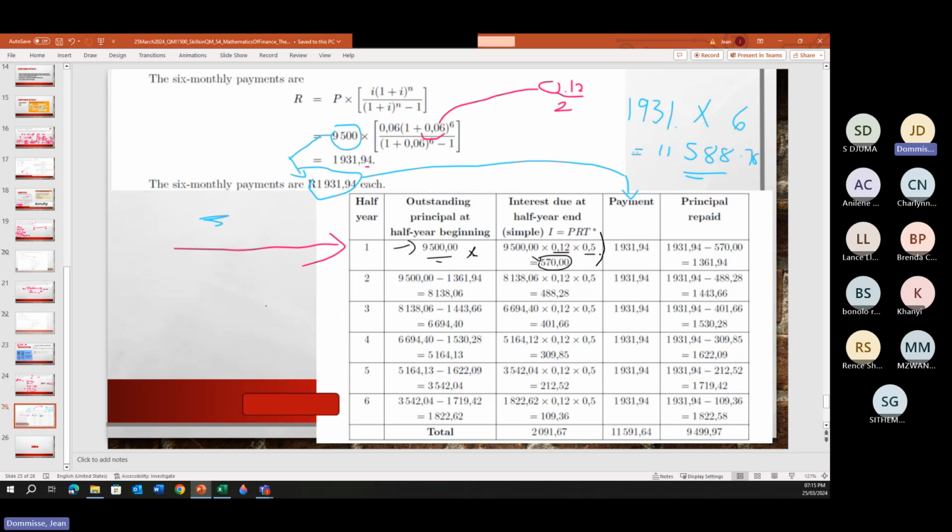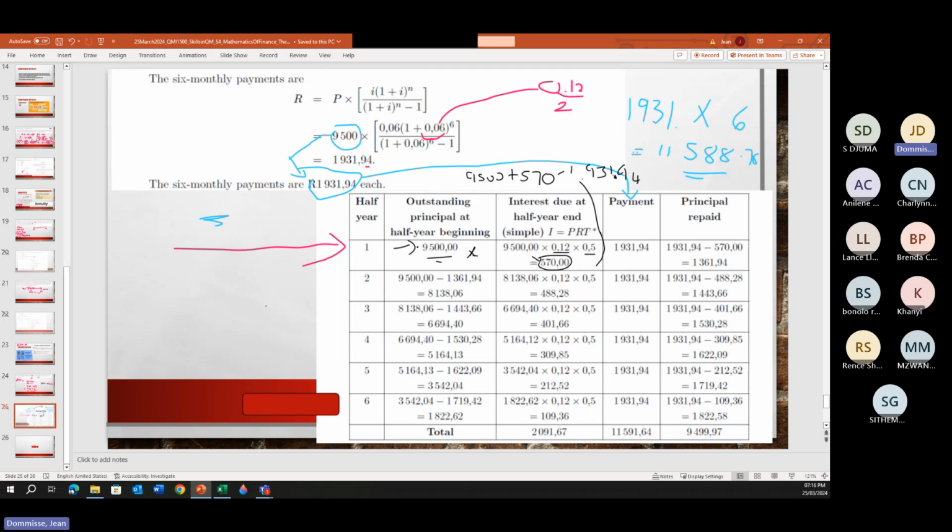So at this point, before we made the payment, we actually had 9,500 plus the 570. Then we made a payment of 1931.94.